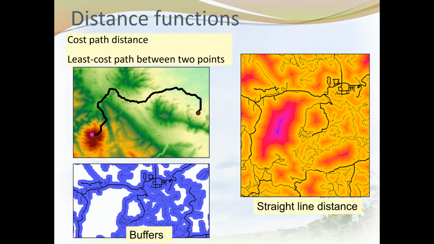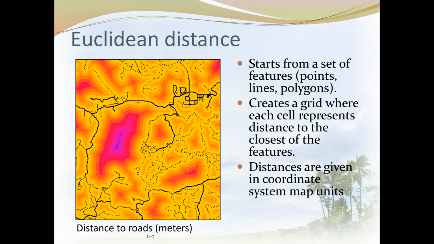So the distance function calculates a continuous range of distance from a specified set of objects. We could have least path between 2 points, buffers, and straight line distance. For the Euclidean distance, the Euclidean distance function produces a raster in which each cell reports the shortest distance from a set of specific objects, such as roads.